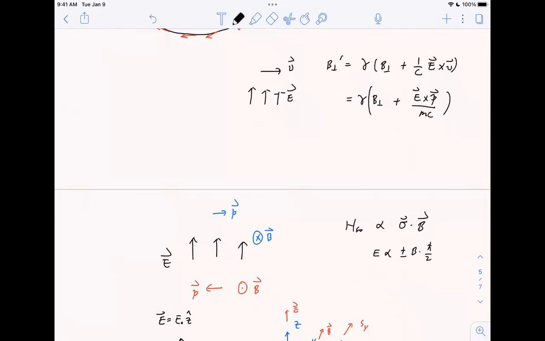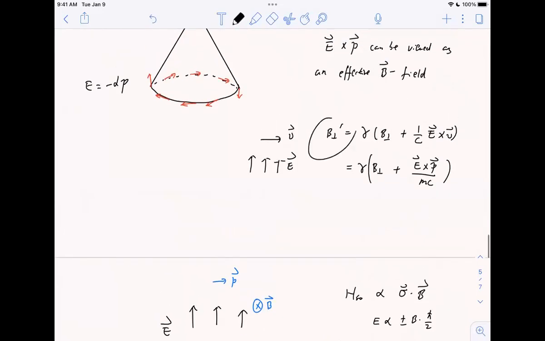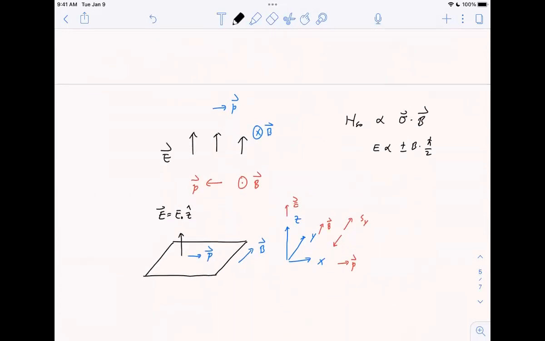So you can understand this by using an effective Zeeman effect. You have an electron traveling in an E field. The faster you travel, the larger the effective B field will be. And the B field will always point in the perpendicular direction to the electric field and the P. So that determines the spin direction. The faster you travel, the bigger this energy gap will be.